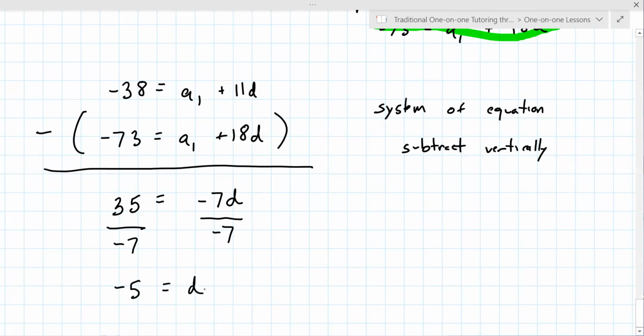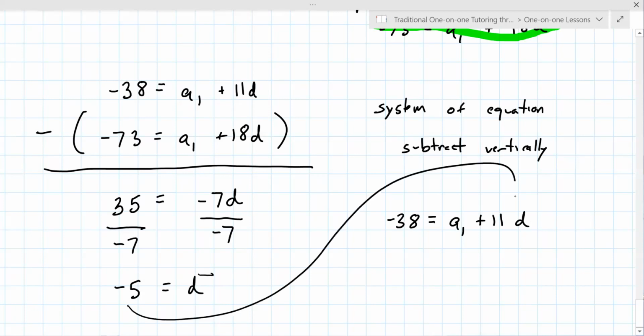Good. The problem is you need both d and a1. So you have to go back to one equation or the other. I'm going to grab this first equation, minus 38 equals a1 plus 11d, and put that d value in there. So minus 38 equals a1 plus 11 times minus 5.